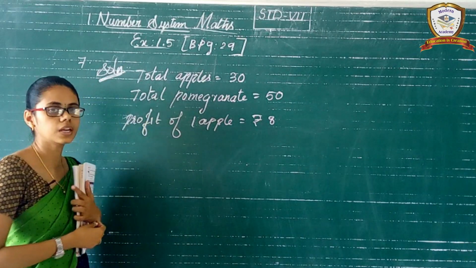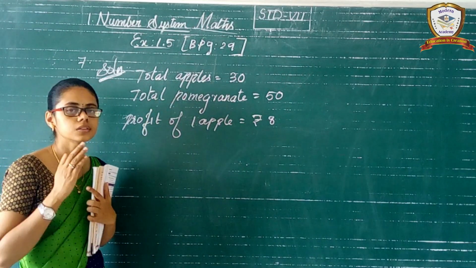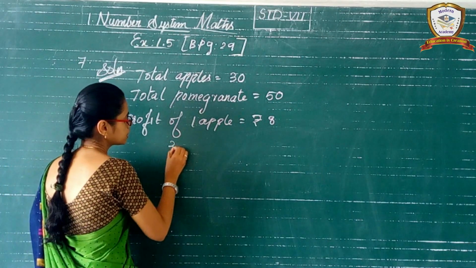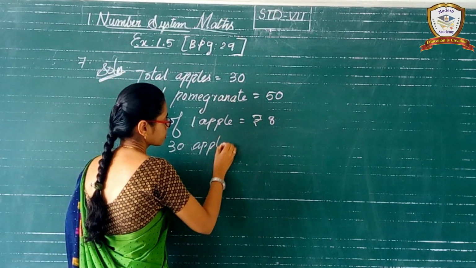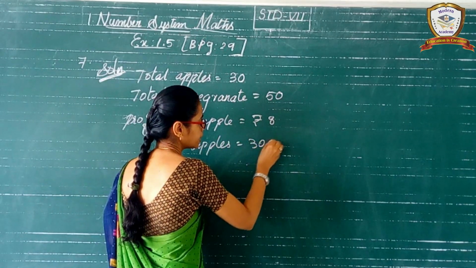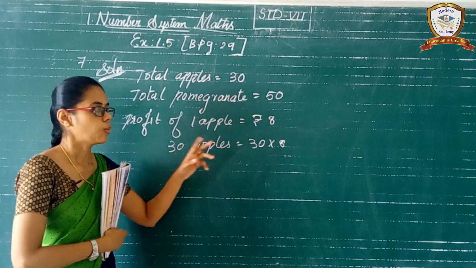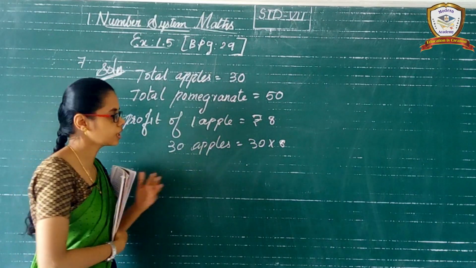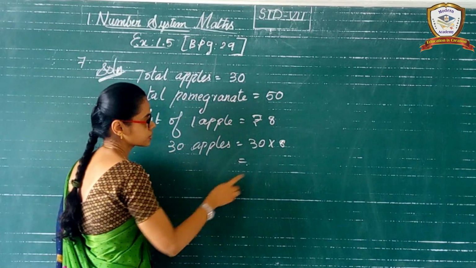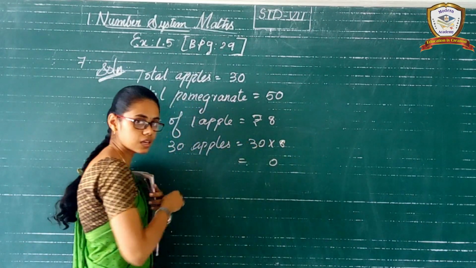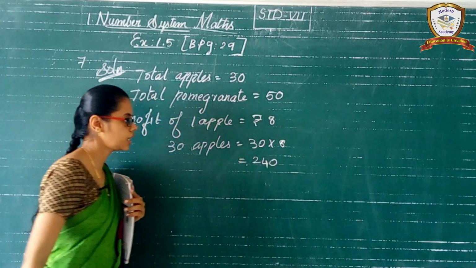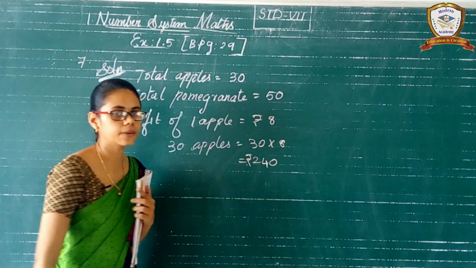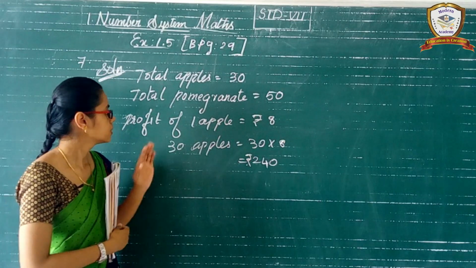The total is 30 apples, which means we need to multiply: 30 into 8. 8 zeros are 0, 8 threes are 24. So totally rupees 240. Clear?